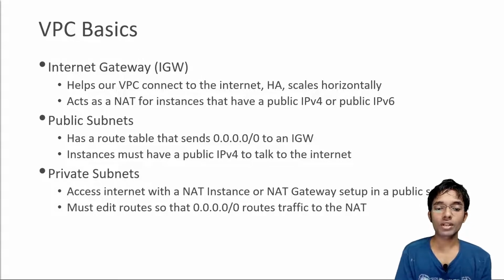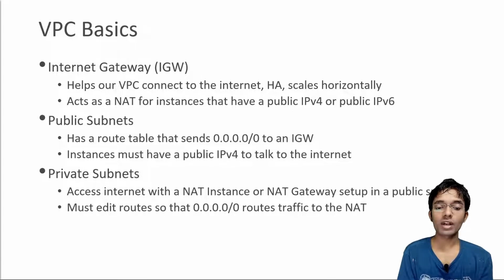The public subnets are subnets that have a route that sends 0.0.0.0/0, meaning all internet traffic, to an internet gateway, and the instances must have a public IPv4 to talk to the internet. That's why they are called public subnets and public instances.